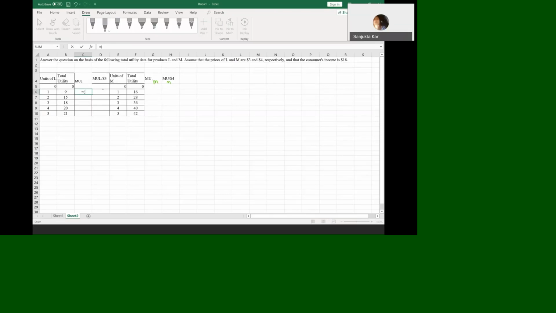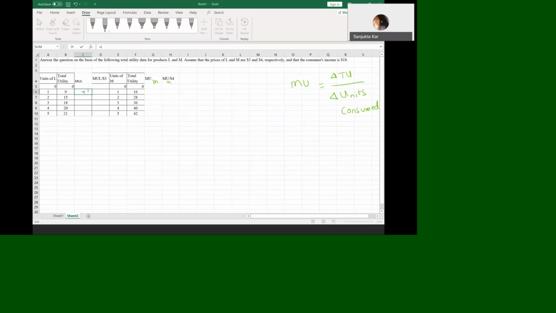So marginal utility is defined as change in total utility over, this sign delta is for change, over the change in units consumed.